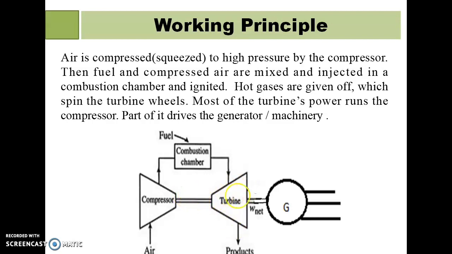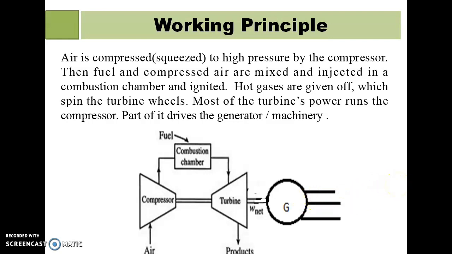As the turbine and the generator are connected on the same shaft, the mechanical energy produced by the turbine is given to the generator, where the generator converts it to electrical energy, which is used for further purposes.